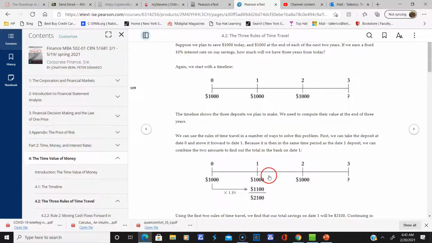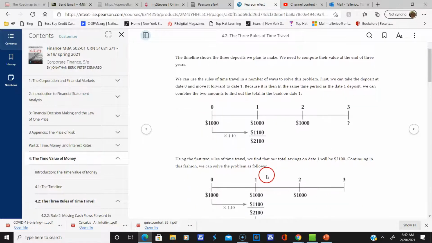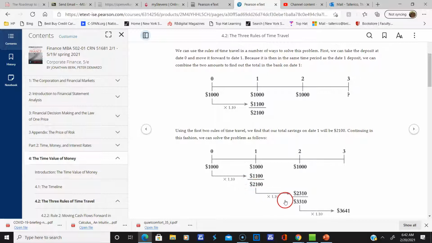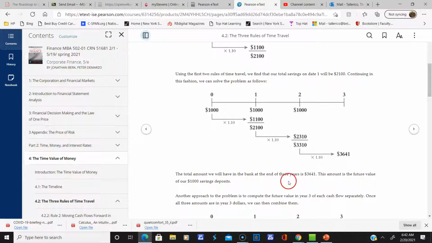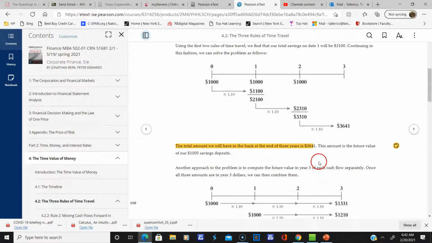So this is the total in the bank, so everyone sees that, right? And I hope everyone's clear that as we keep putting $1,000 in the bank every year, the interest is growing. Interest on interest is growing. So you can see the total amount we're going to have in the bank at the end of year 3 is $3,641, which is right here. Okay.